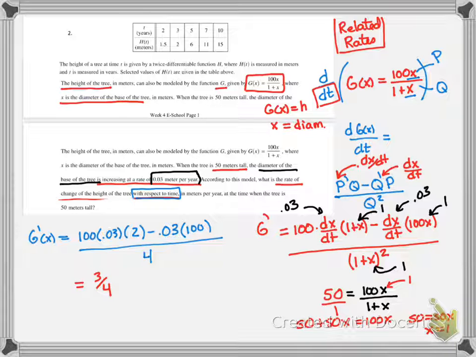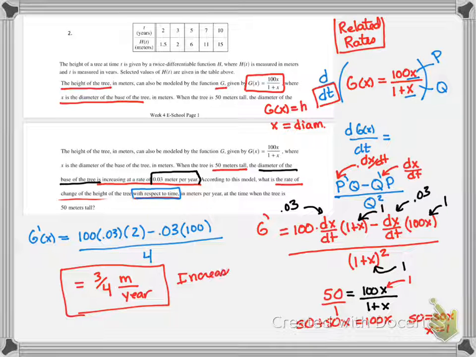Meters per year is our height, and we were asked to find. So amazingly, they've told us the units in the problem. 3/4 of a meter per year, and this is increasing because we have a positive quantity.